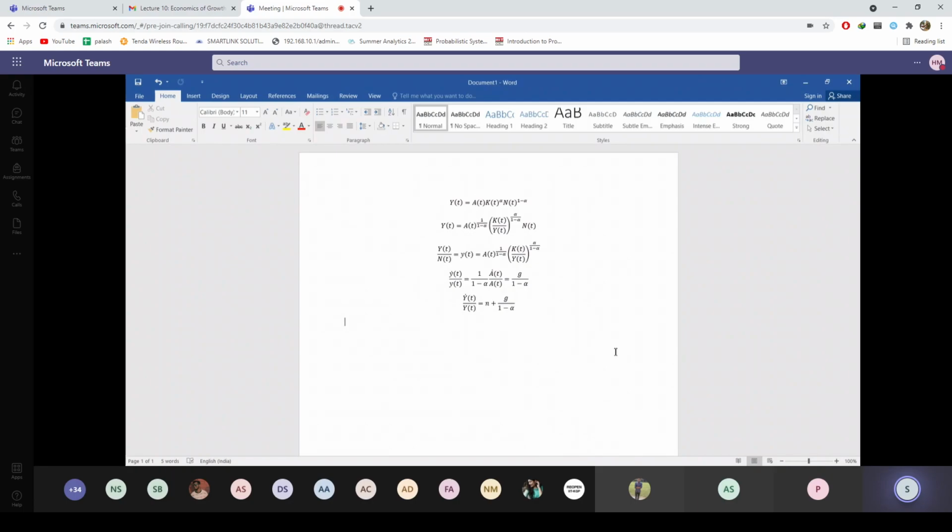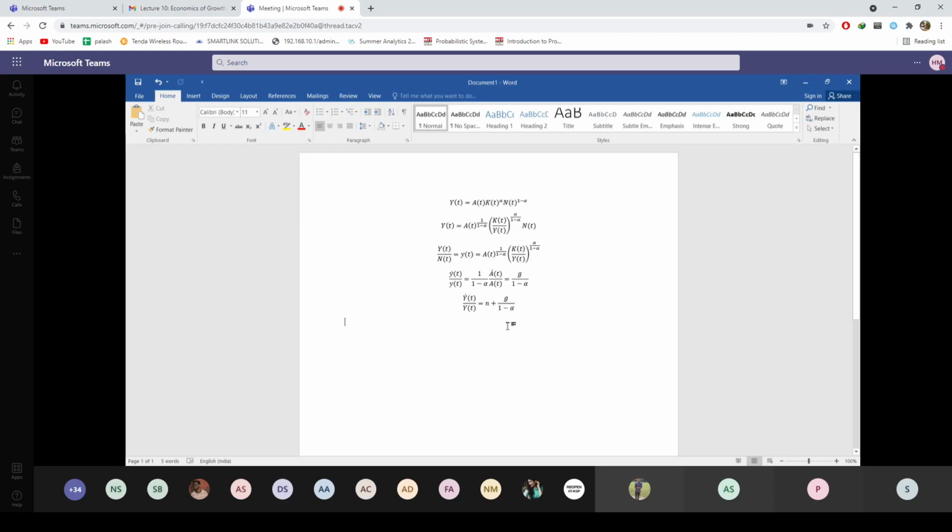But over here, if I define y hat as capital Yt divided by At and Nt, the rate of growth of y hat is not 0, because it is not n plus g, it is basically n plus g divided by 1 minus alpha.